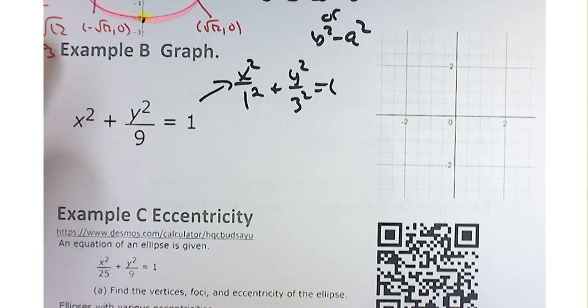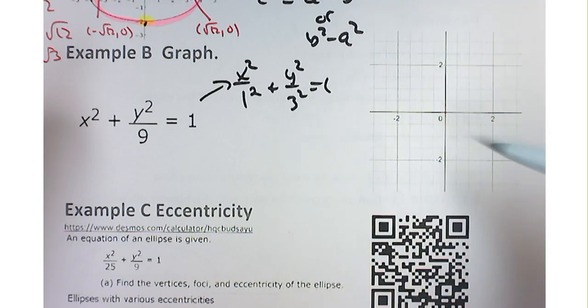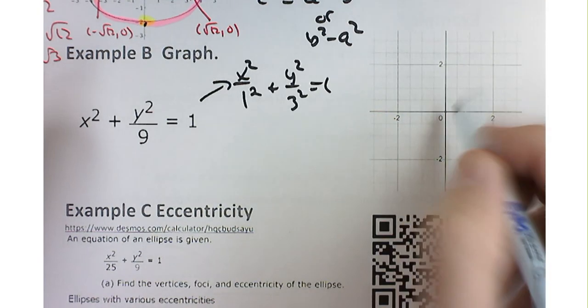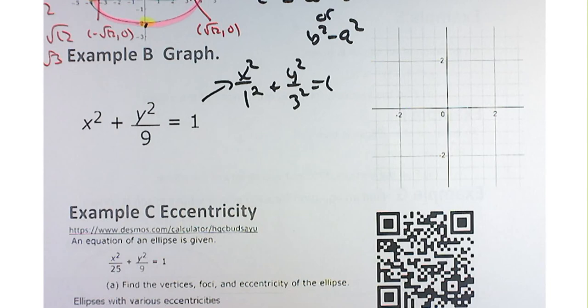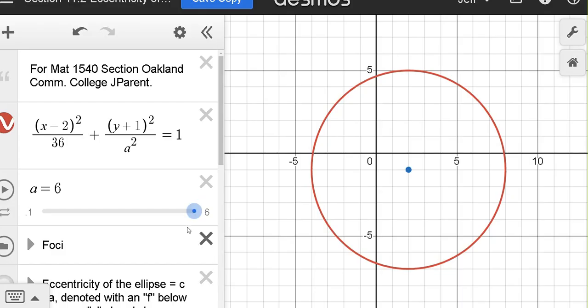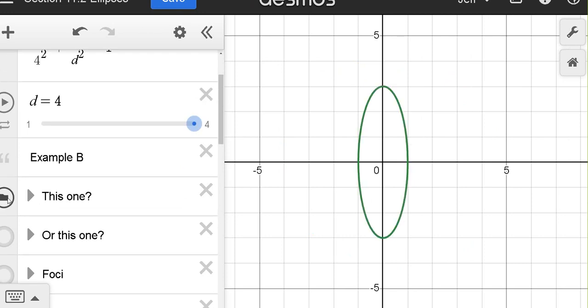So in this section, all your ellipses are going to have a center at 0, 0. But what I want you to do is think for a moment. What's this graph going to look like? Which direction is going to be bigger, horizontally or vertically, along the y-axis or along the x-axis? So I'll give you a couple choices. It's going to be something like this or something like this.